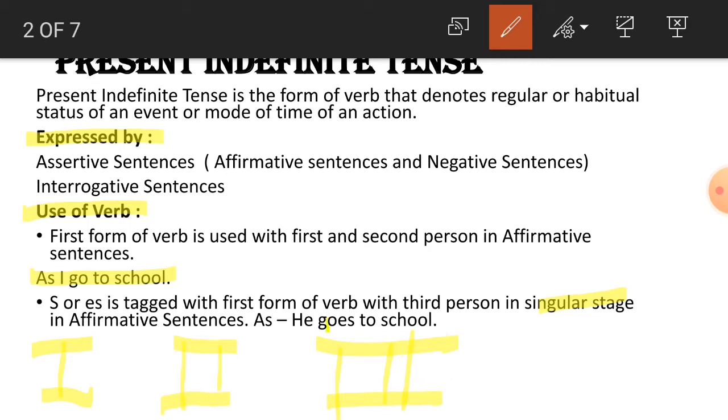Here you can check with go there is es. It means es is added with the first form of verb, and combinedly we can say goes. He goes to school. Why have we used es with this form? Because our subject is he.